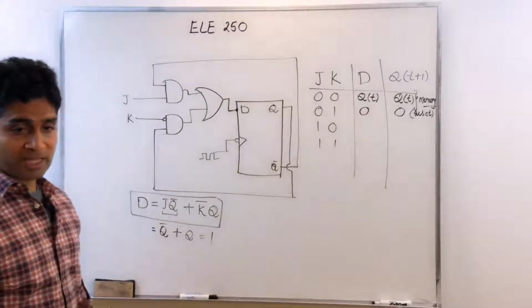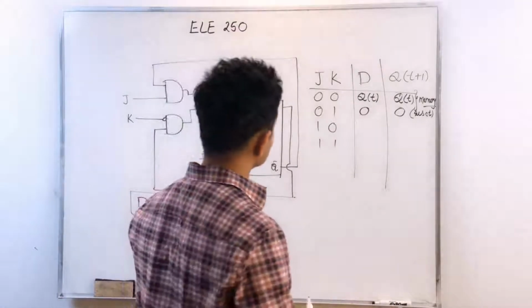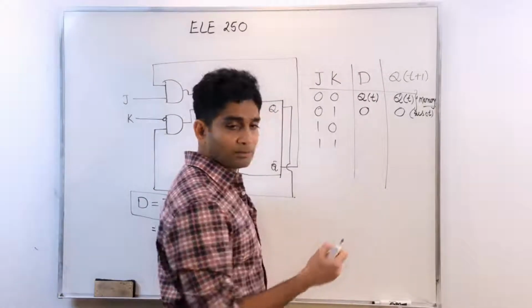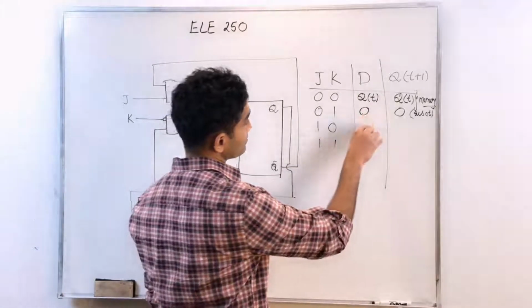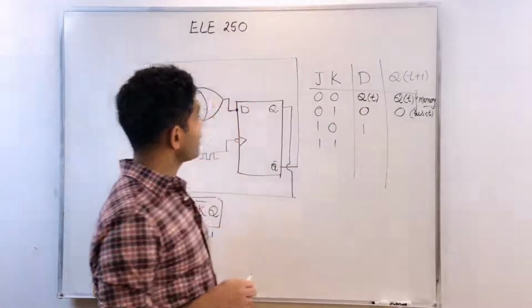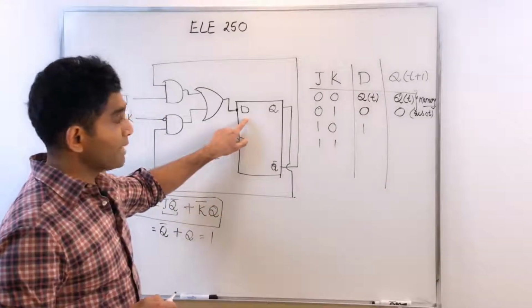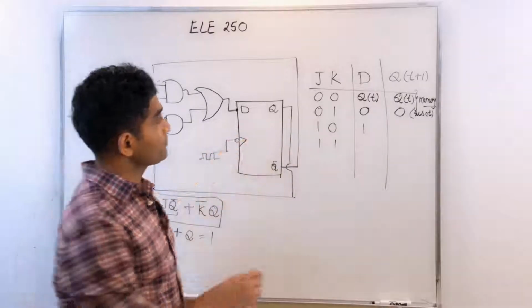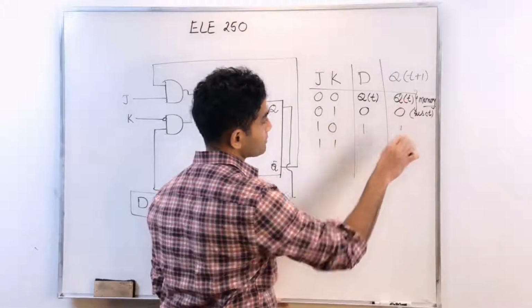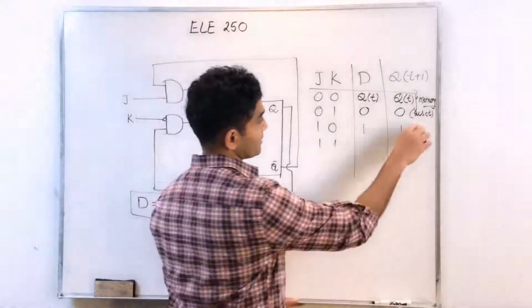Right? X plus X prime is always 1. A variable ORed with its complement is always 1. So that becomes 1. In other words, I'm applying a 1 on my D input. And in the next active edge of the clock, my Q follows D and Q(t+1) becomes 1. So that's your set state.